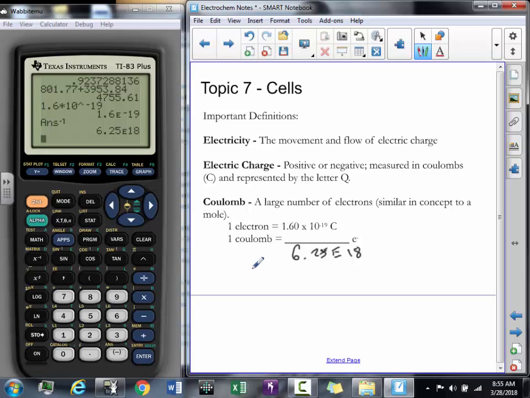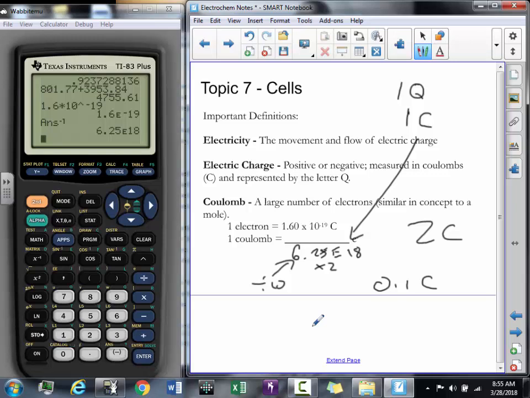Does that make sense? So if I ever see 1C, it means you have that many electrons. If I gave you 2 coulombs, it means you have this many electrons times 2. If you had 0.1 C, it means that you have this many divided by 10, because you only have a tenth of it. Does that make sense to you guys?